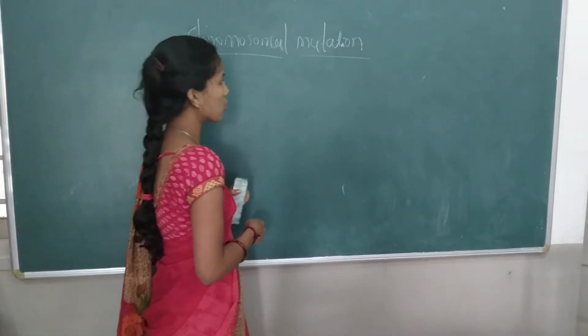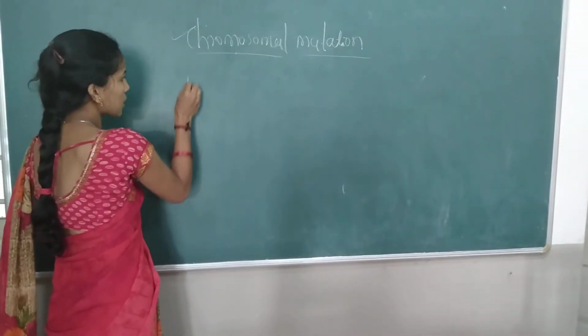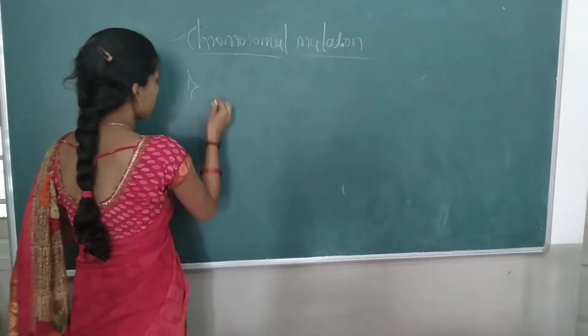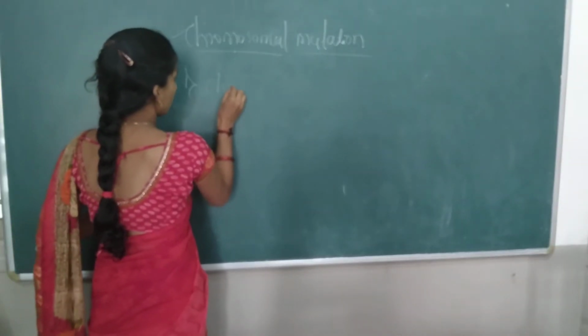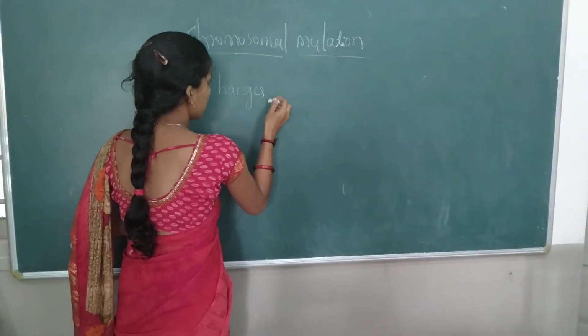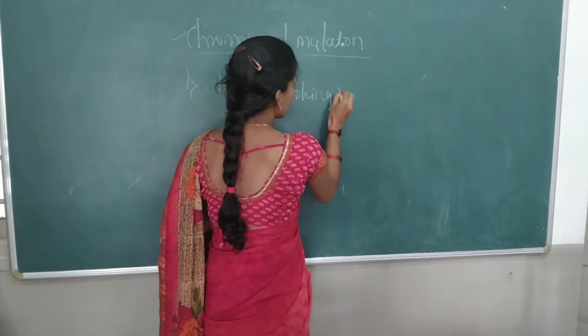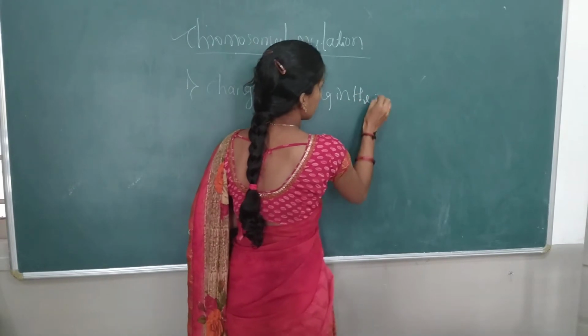In chromosomal aberrations or mutations, different types are there. Those types are based on the changes involved in the number of gene loci.